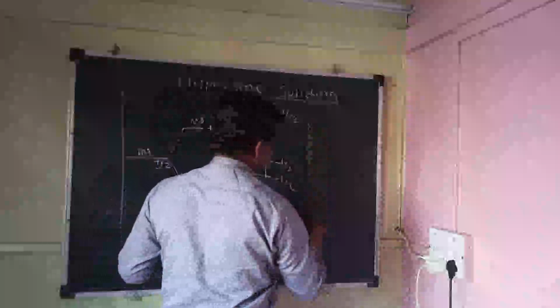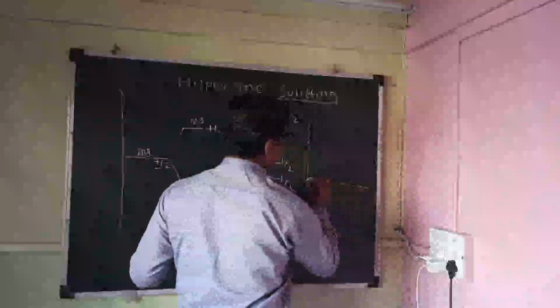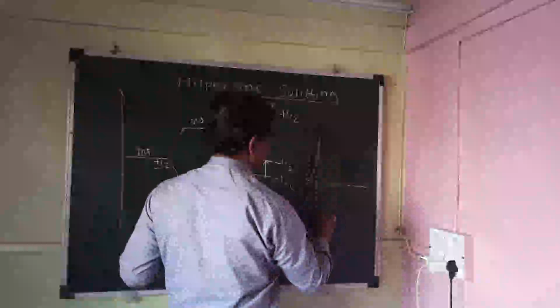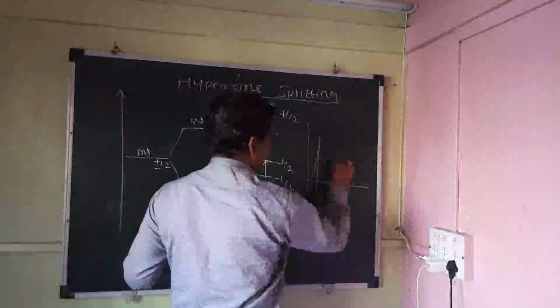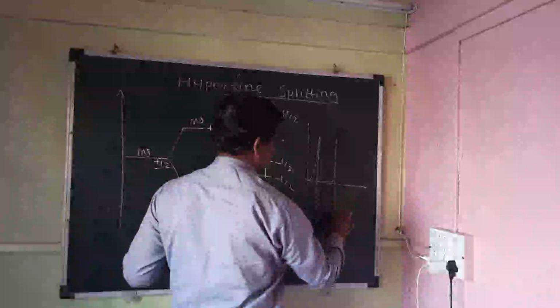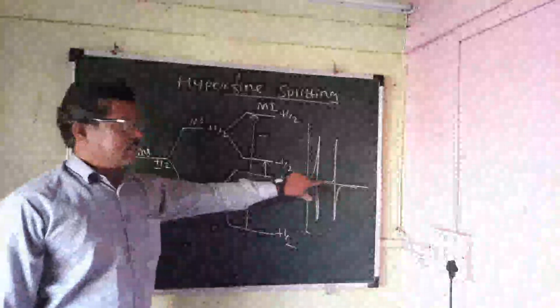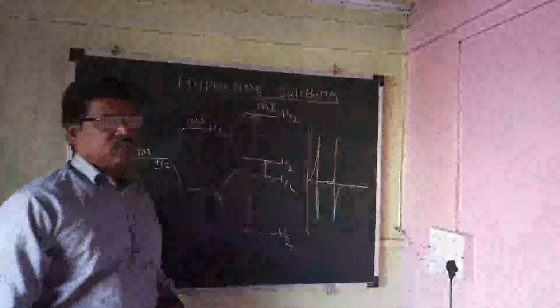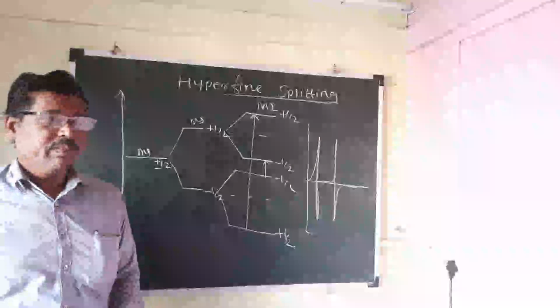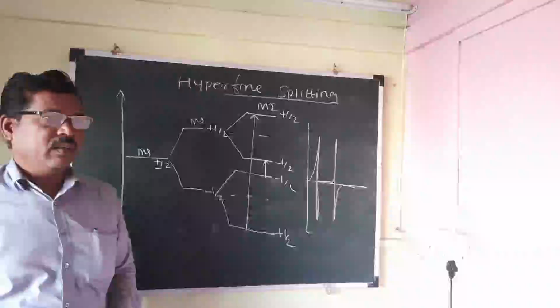This graph is represented as the second derivative, known as the second derivative of the spectrum of the hydrogen atom.